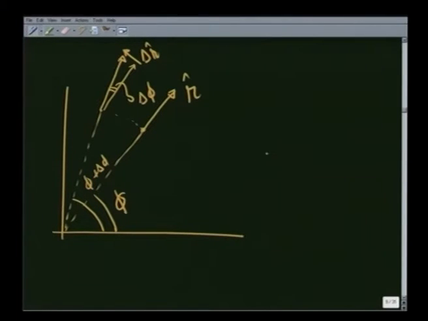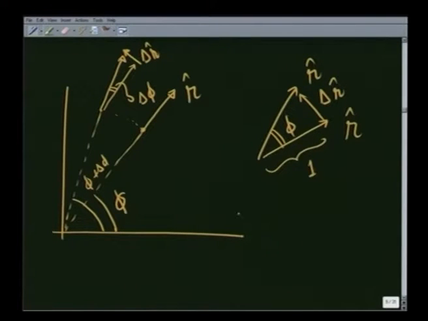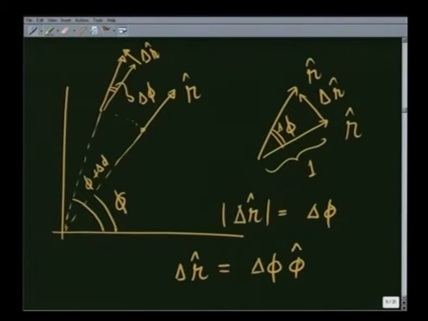If I redraw it, initially your vector was like this, the final unit vector is like this, this is the change, and this angle is delta phi. Since this magnitude is 1, you can see that delta r magnitude is going to be delta phi, and the direction is in the direction of increasing phi, the way I have made it. Therefore, delta r is going to be equal to delta phi times phi unit vector. Let us see it from a mathematical point of view.